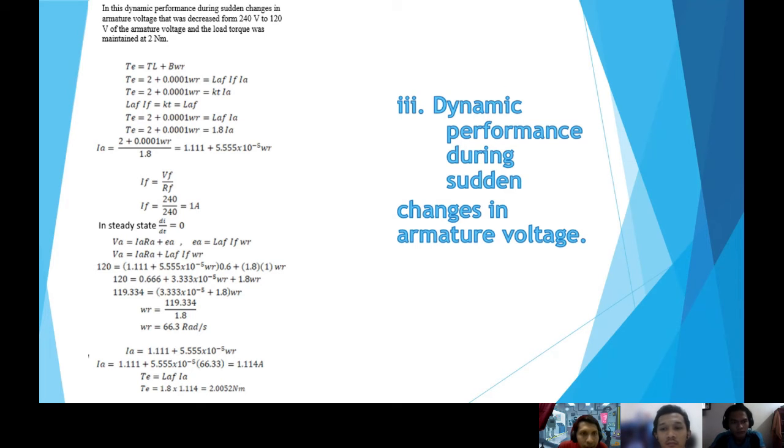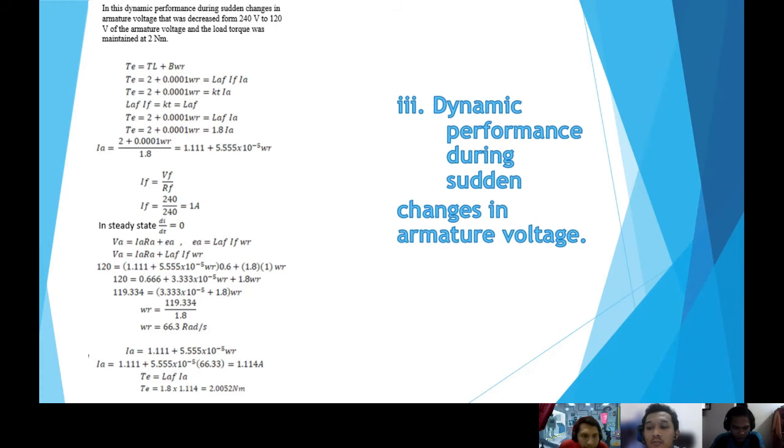Okay, for the last one, dynamic performance during sudden change in armature voltage. The change is a decrease from 240 volts to 120 volts armature voltage, and the load torque was maintained at 2 Nm. So IA we get 1.111 plus 5.555, and IF we get 1 ampere.